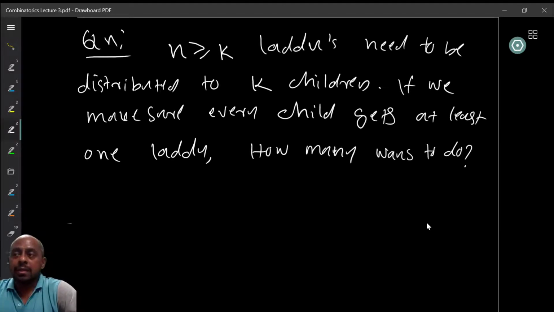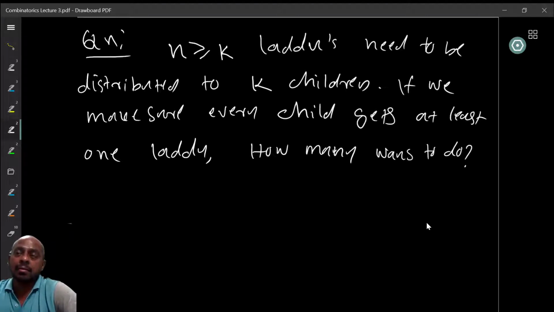So now the question is, how many ways can we distribute the laddus? Now one can immediately see that this question is precisely the question of composition, right? Because now you can assume the number of laddus received by each of the k children to be the values taken by the xi's, and they sum to n.